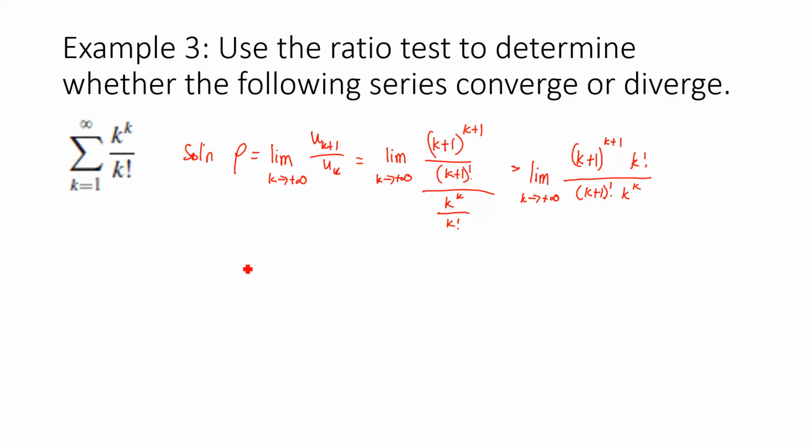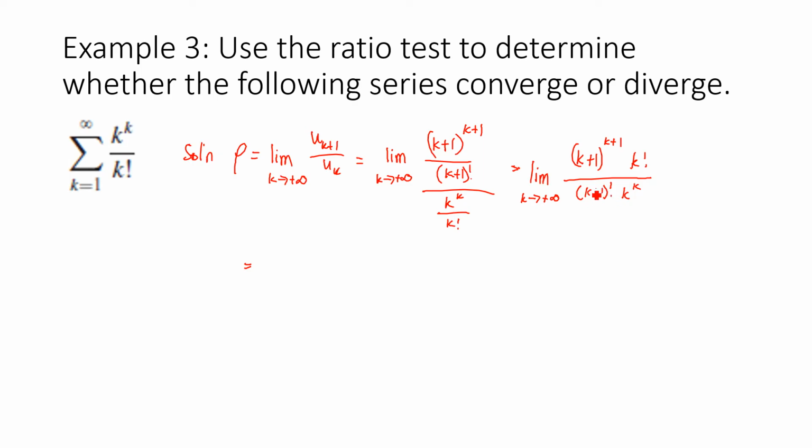We know that k factorial can be expressed as k times k minus 1 factorial. In this case, k plus 1 factorial can be expressed as the quantity k plus 1 times k times k minus 1 factorial. So we can divide out the k factorial and the k times k minus 1 factorial.